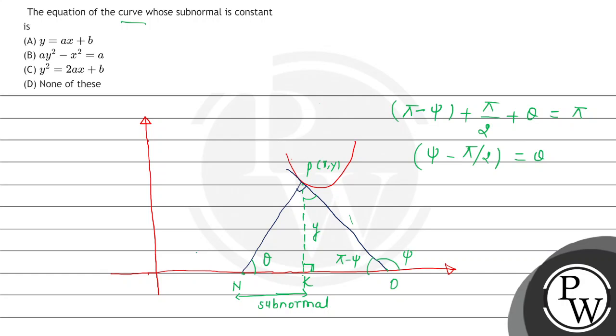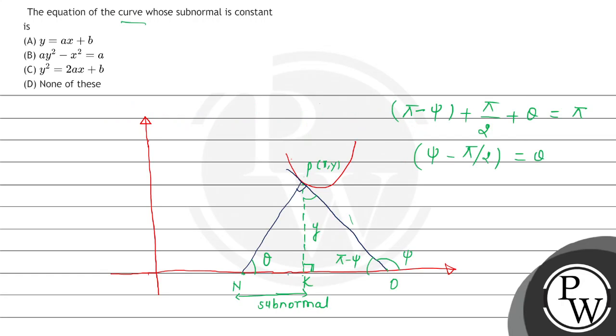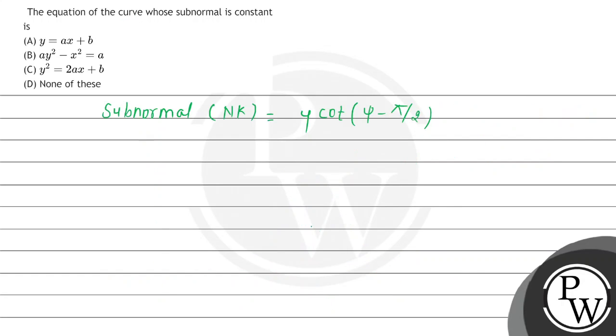So now we will solve further. First of all, the subnormal NK can be calculated as y into cot of psi minus pi by 2. So we have applied the formula.